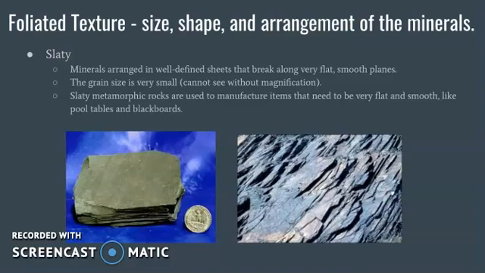And slaty metamorphic rocks are used to manufacture items that need to be very flat and smooth, like pool tables and blackboards. If you take a look at the slaty metamorphic rocks in the images, you can see these distinct layers, but they are very fine-grained. We'd need to use a microscope in order to see the grains themselves.